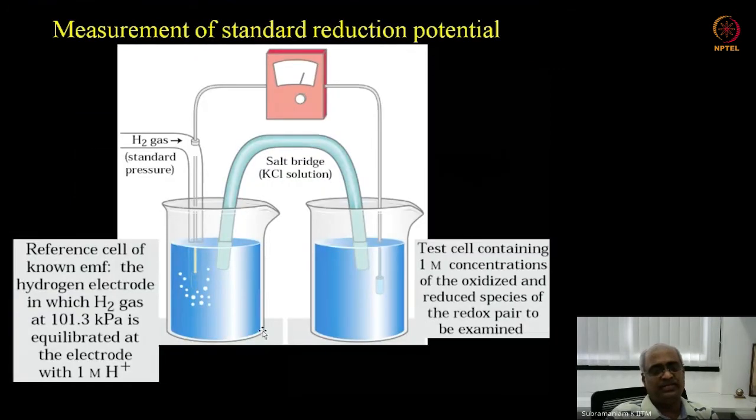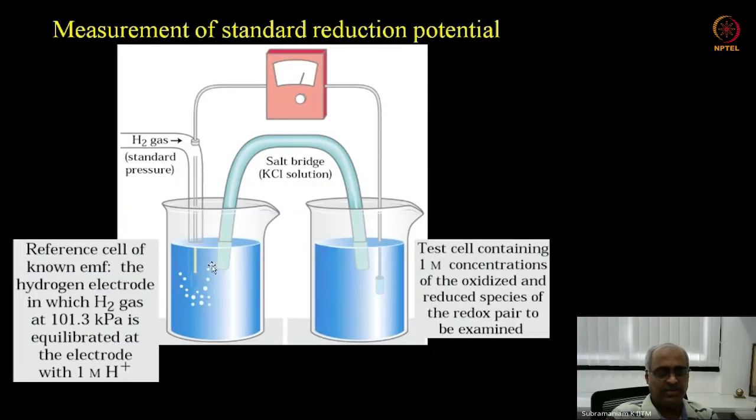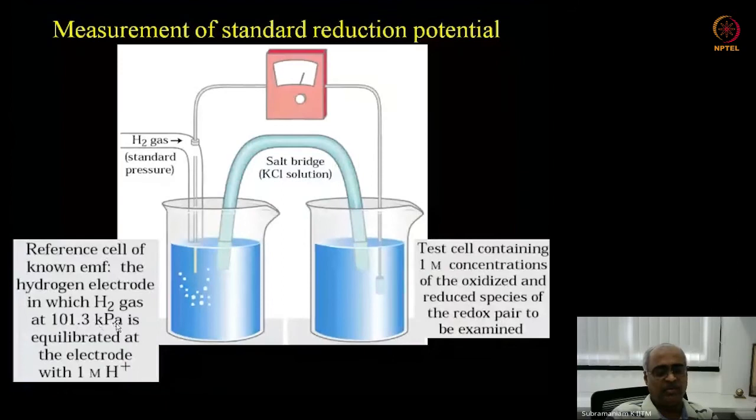Now, for example, if I'm going to take another redox pair and use this hydrogen, this reaction is connected by a wire to the other one. The salt bridge allows for exchange of the ions between the two. To have the standard reduction potential when it is gas, you have 101.3 kilopascals.